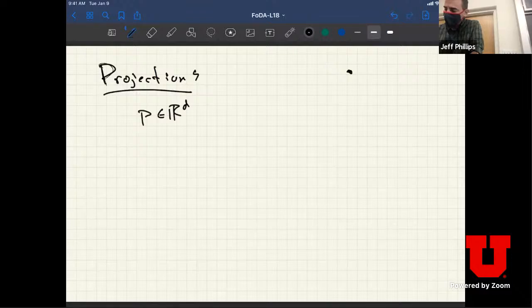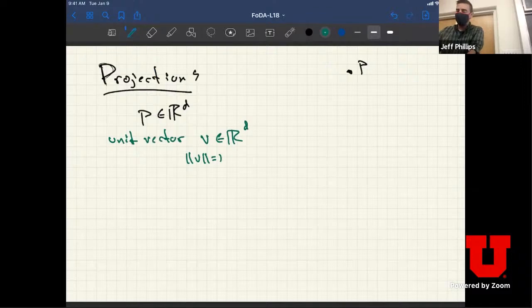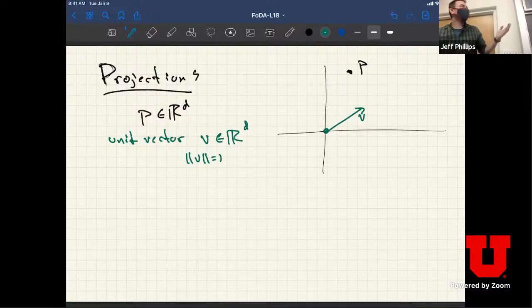I'll think of it as a point in R2, and I'm going to have a unit vector V, which will also be in R^D, but with the restriction that it's a unit vector. So remember, it's going to come from the origin, and it's going to be a length 1 unit vector, but it will kind of induce this line.